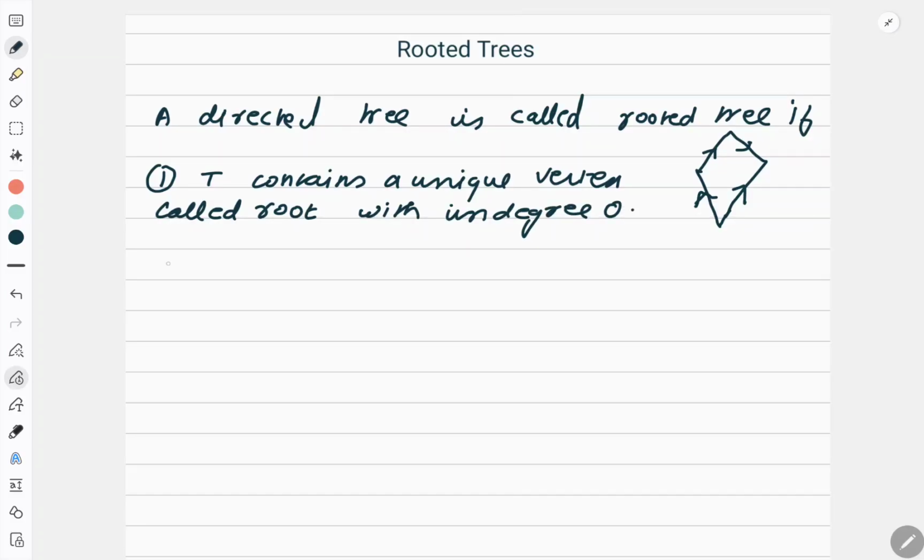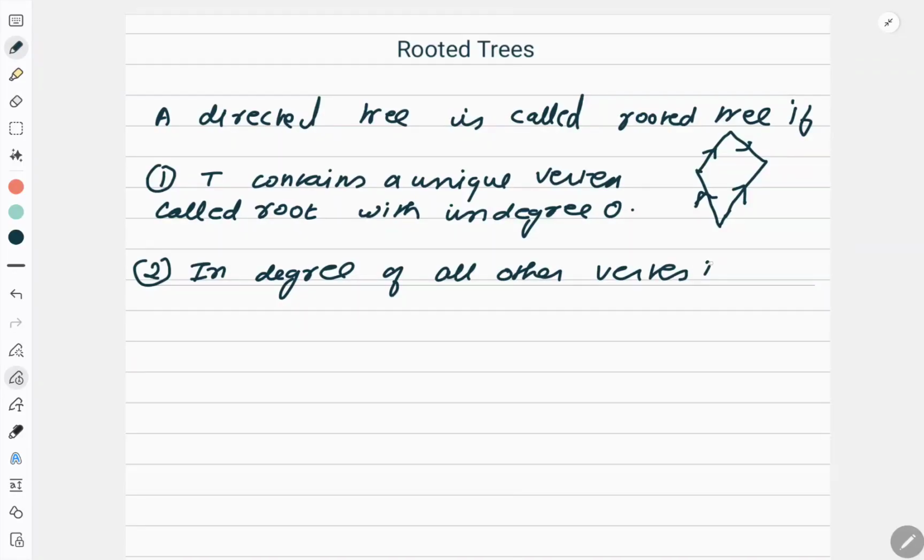Second, the in degree of all other vertices is 1.